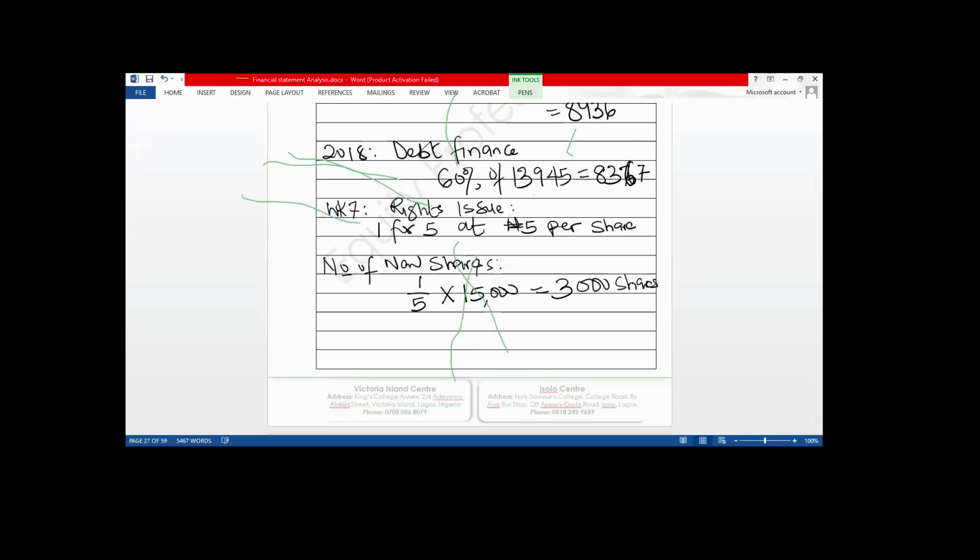The next thing we are going to cross-check is that the nominal value per share is 1 naira. Why is this new share issued at 5 naira? That means the new shares are issued at a premium.